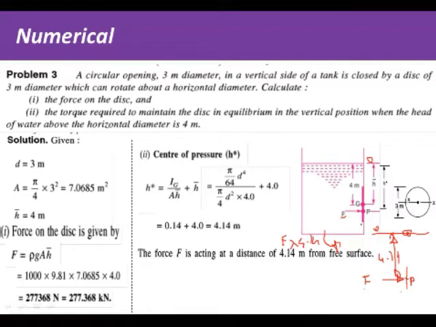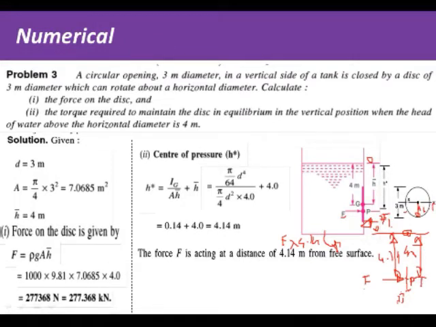But we are supposed to apply some external force F1 at the other end so that this gate will remain in vertical position. What will be the distance of this point? Suppose this is point B, the lowermost point. We know this distance is 4 meters, and if the diameter is 3 meters, this distance is 1.5 meter.